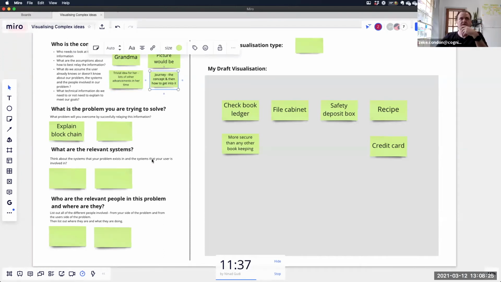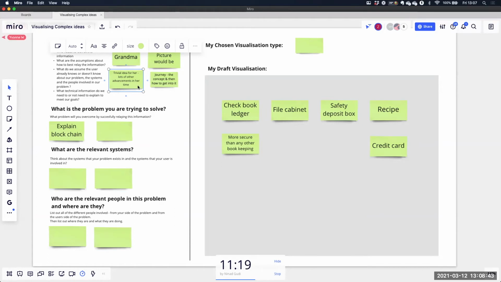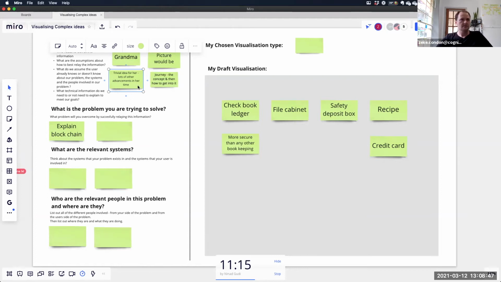Okay, so I'll be grandma right now. I want to ensure that my grandchildren and my grandchildren's grandchildren benefit from my inheritance to them. But I want to make sure that it's not given away or used on ridiculous things.